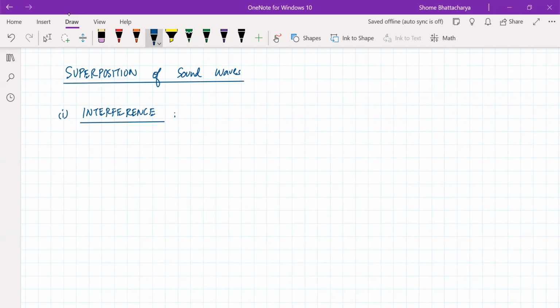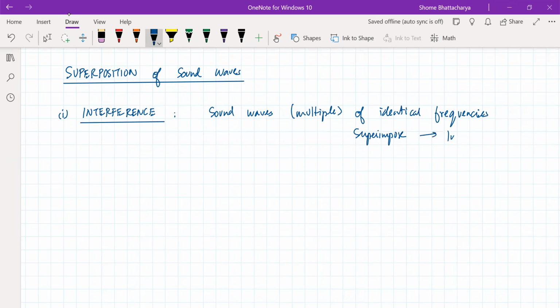Okay, but here there is no directional condition. It's just that if multiple sound waves of identical frequency superimpose, they can be coming from different directions also. It's no problem. Okay. Then there is the phenomena of interference.